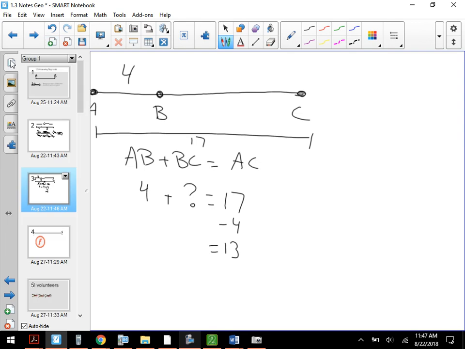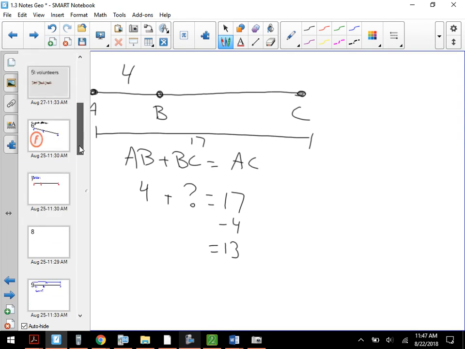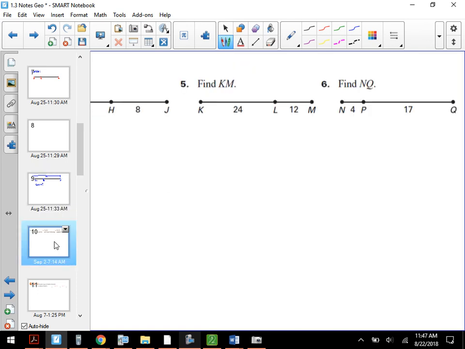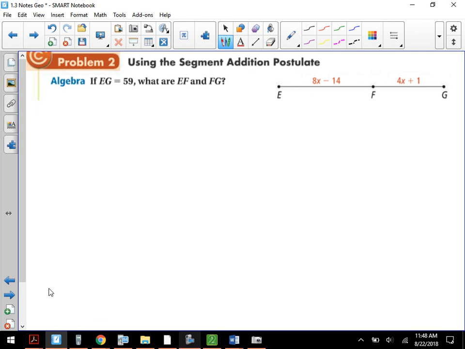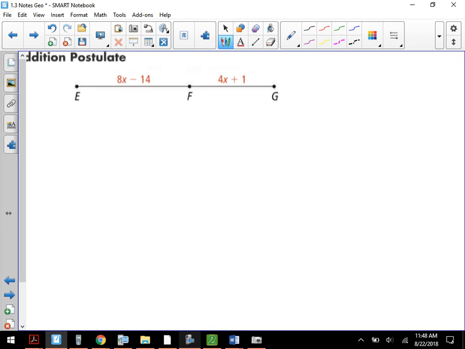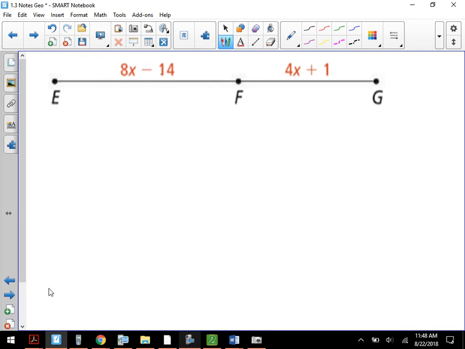Let me show you another one. Let me write this a little bit larger. You have segments EF and FG, and it tells you that the entire segment EG equals 59.